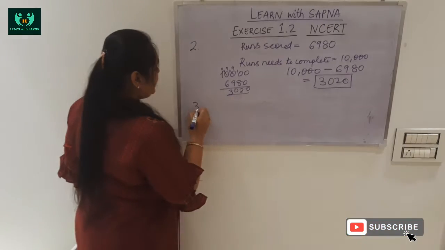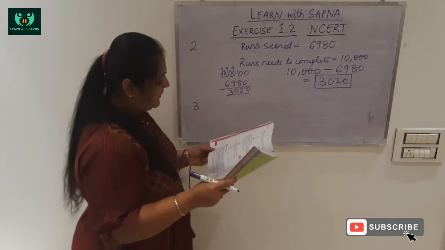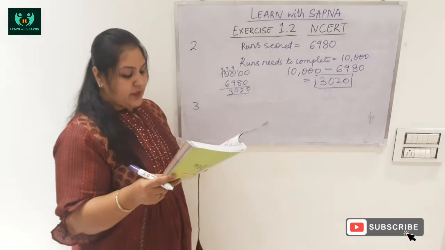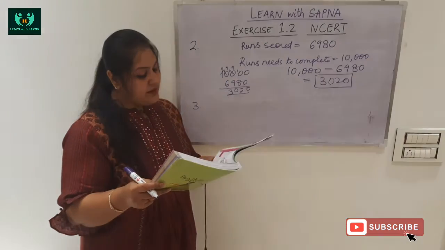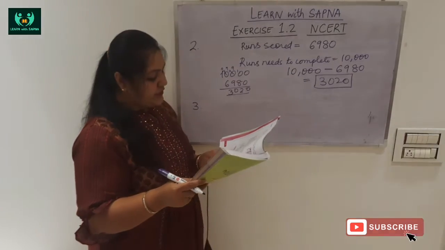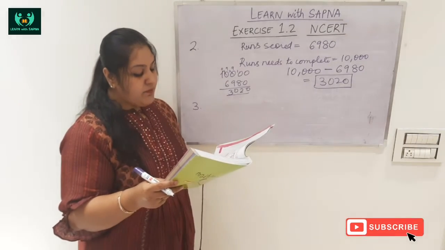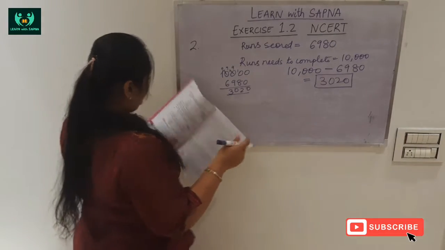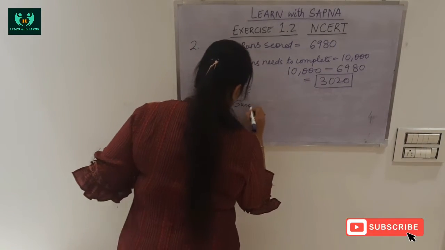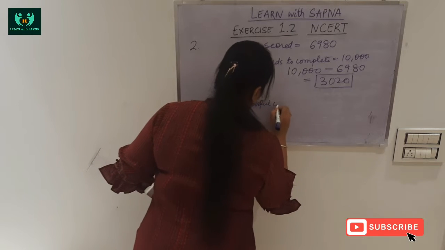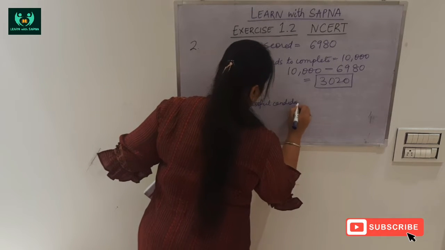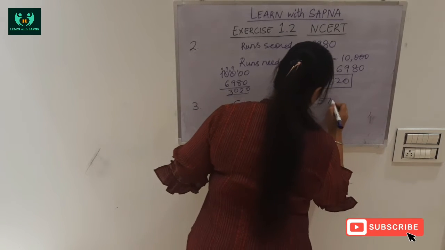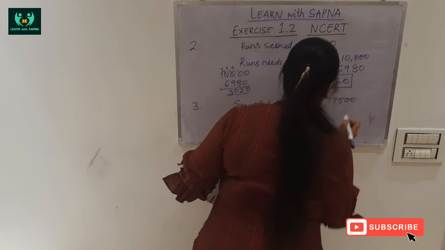Okay. Question number 3. Similar. In an election, successful candidate registered 5,77,500 votes and his nearest rival secured 3,48,700. By what margin does the successful candidate win the election? So, the successful candidate scored how many? 5,77,500.